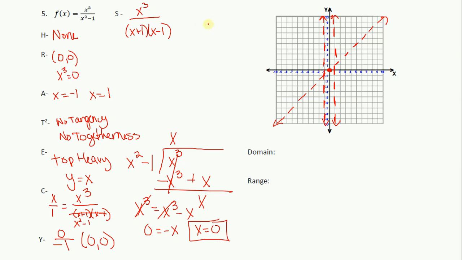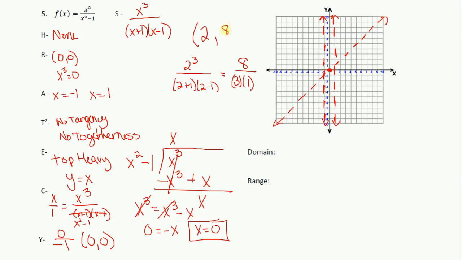So let's plug in a 2. If I plug 2 in, I'll get 2 cubed over 2 plus 1, 2 minus 1. 2 cubed, 2 times 2 is 4, times 2 is 8. 3 times 1 below that.